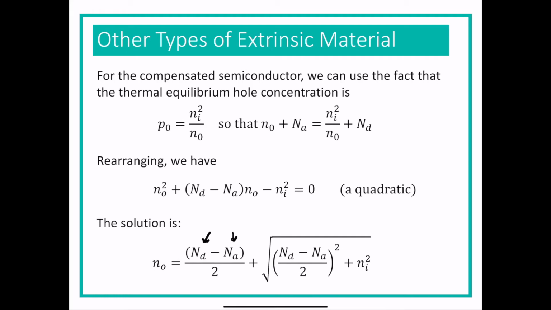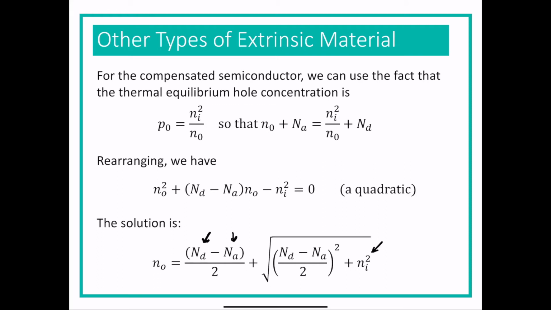If you have 1 times 10 to the 16 and you subtract 1 times 10 to the 14, you still have pretty much 1 times 10 to the 16. So if the number of donors is much greater than the number of acceptors, and this value is not too close to the number of donors and acceptors, then you can actually kind of estimate the values.